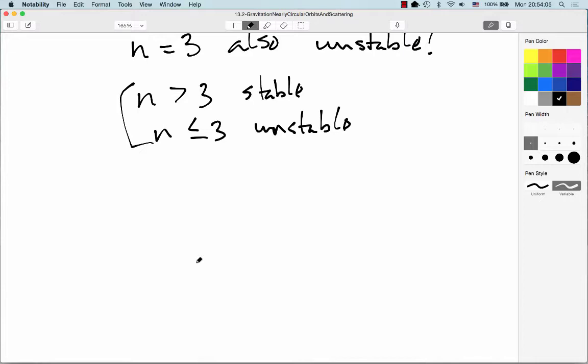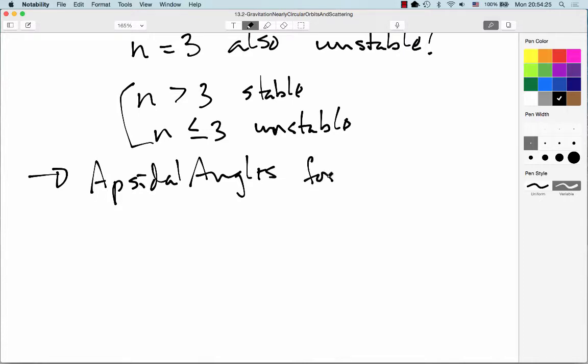Hooke was looking at n to the 1. Both of them will give closed stable orbits, apparently. Well, that's good. So the book does a treatment on apsidal angles, which I'm not going to repeat here. I think it's a pretty clear one. For our nearly circular orbits.